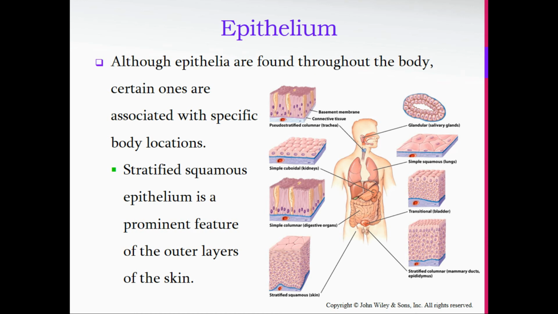For example, you're going to find my favorite, the pseudostratified ciliated columnar epithelium, lining the trachea. Simple columnar will be inside the digestive tract. Simple squamous will be inside the air sacs of the lungs, and so on.